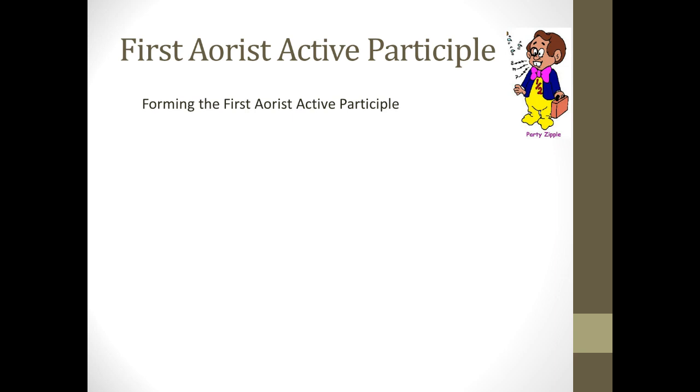When we're forming the aorist participle, it's actually a little bit easier than doing just the standard aorist verb. Forming the aorist participle, you begin, as we always have, with a verb stem. And then, just as you had that familiar sigma alpha ending on your aorist tense verbs as a sign of the aorist tense, that will also be here. So you'll have your verb stem followed by a sigma alpha, and then you will have a participle ending.